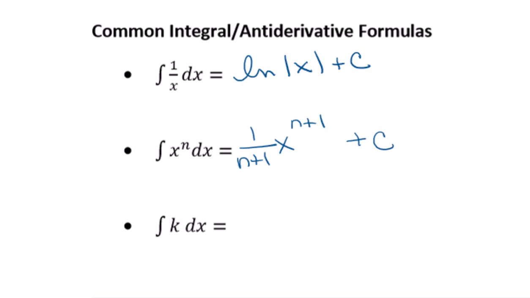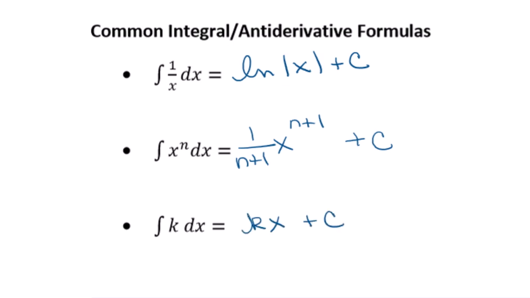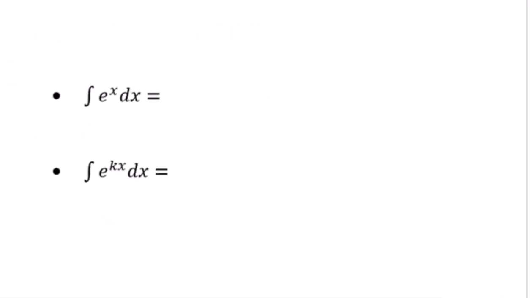The antiderivative of a constant, remember that's the derivative of a linear function, so it would just be kx plus c. We love e to the x because it is its own derivative, therefore it's its own antiderivative, e to the x plus c.